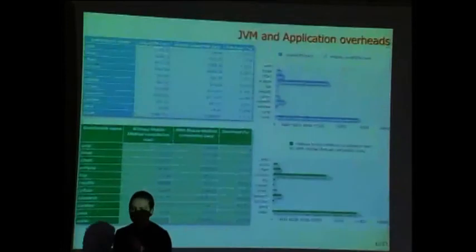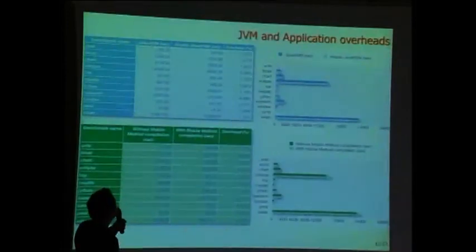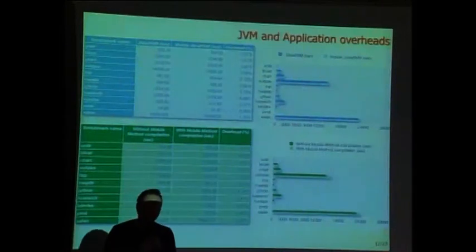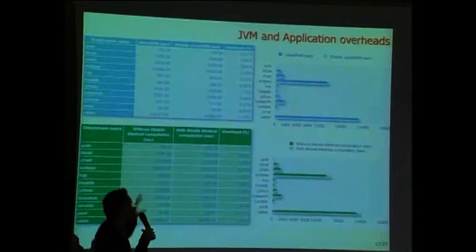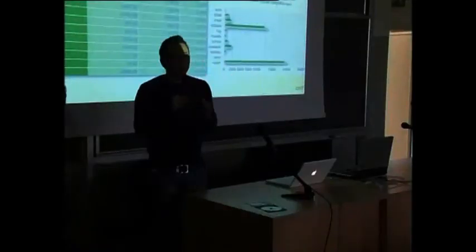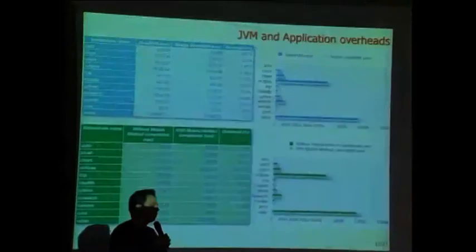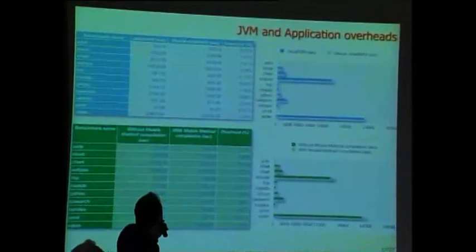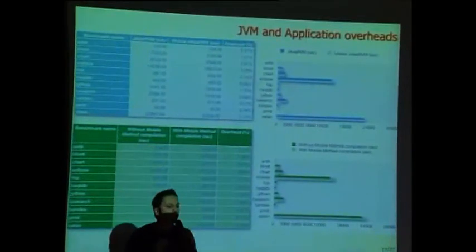These are the experiment times. The first one, the blue one, is the overhead on the JVM runtime, which means basically that the JVM performs a little bit slower if Mobile JikesRVM is installed. We can see that the overhead is very low, ranging from 0% to 3%.